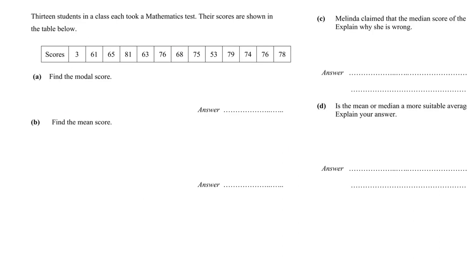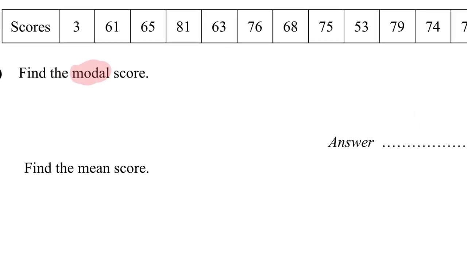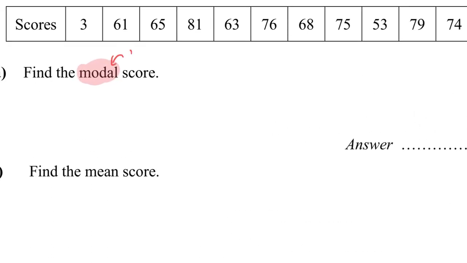Hello everyone, welcome to this question where we have 13 students taking a mathematics test, and this is their score. Find the modal score. The modal score happens to be the score that appears the most number of times.